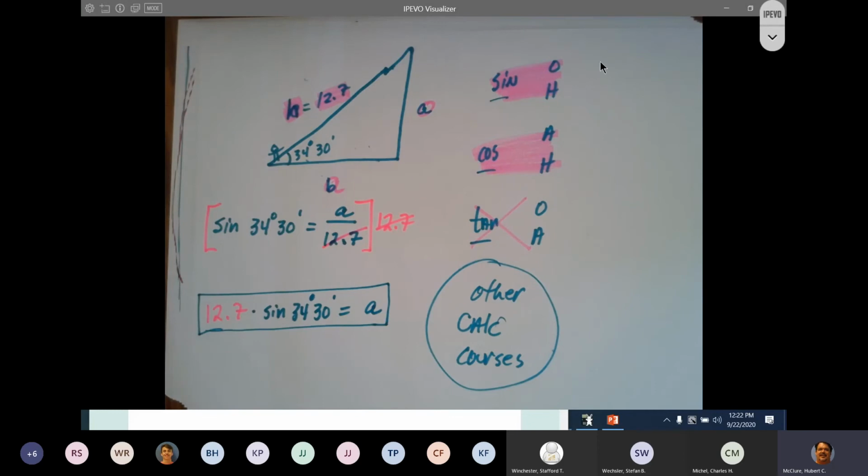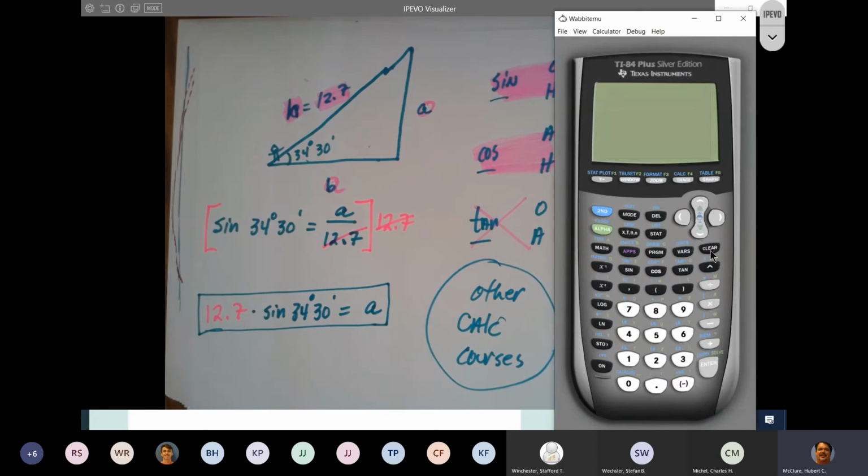So you take your calculator and you type it in, and you can type it in as one or two equations. I don't care. I'm going to type in 12.7 times, parentheses, the cosine of 34 degrees 30 minutes, close parentheses, close parentheses.